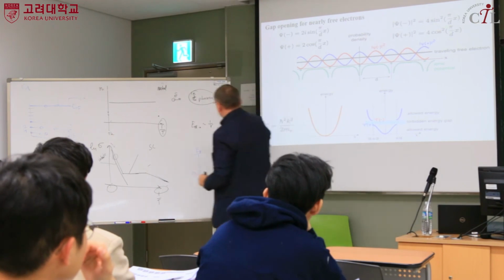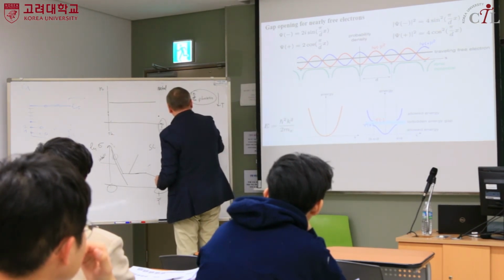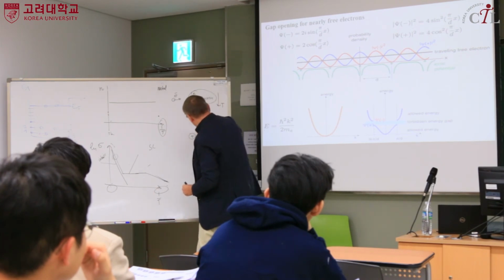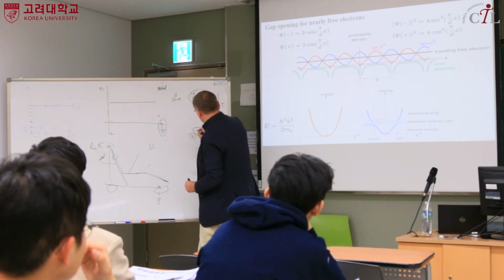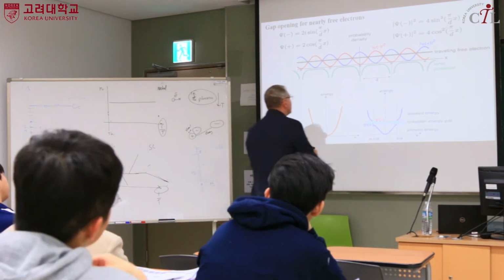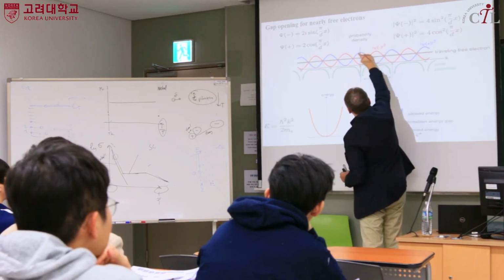Let me draw it again. It's like I have a positive charge here, and then most likely I have a negative charge there or here. So this distance is short, this distance is long. This is what you see here, in between this point, and this point, and this point.